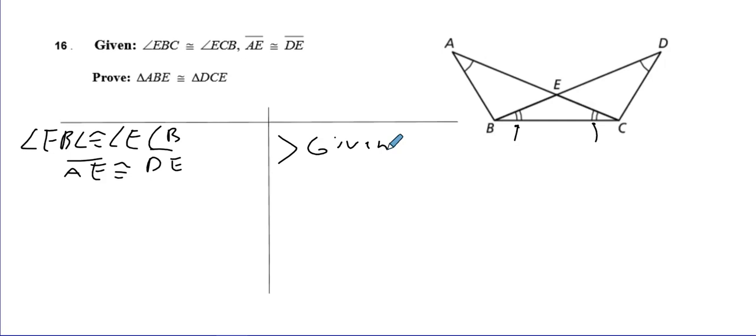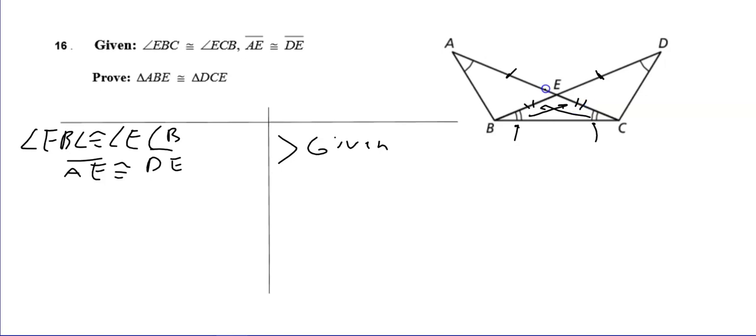So AE, which is this little piece right here, is congruent to DE, which is this piece right here. All right, so we got a lot going on here. Now, since these angles are equal here, that means these pieces are also equal here. So I'm going to mark those.